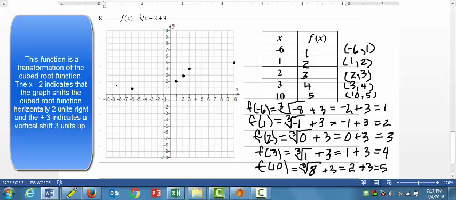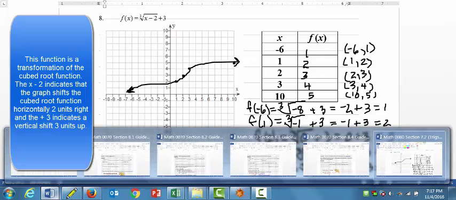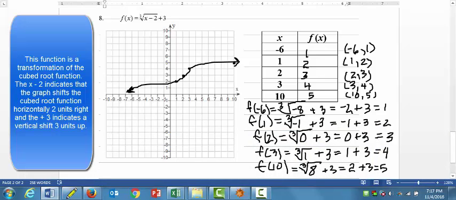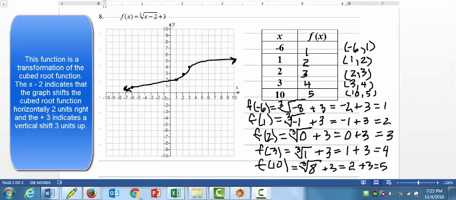All right, so we get a picture of what this looks like. And notice how the shape is a little different from what we saw in the other case. All right, and again, let me show you a better picture of that.